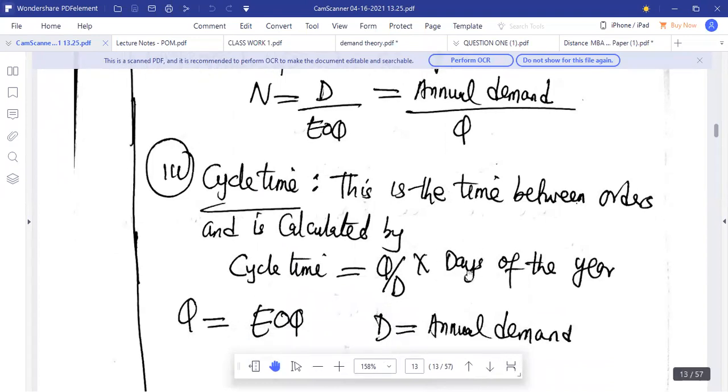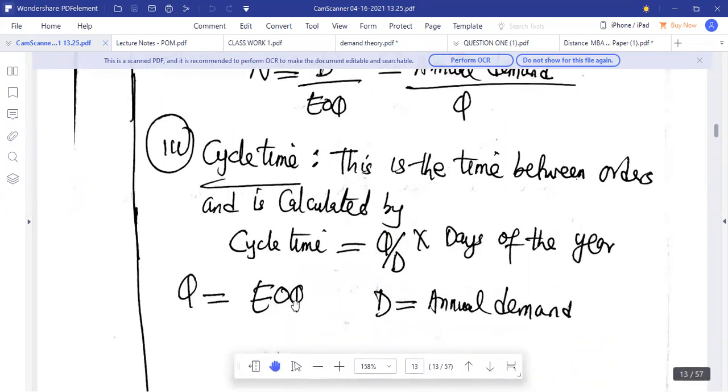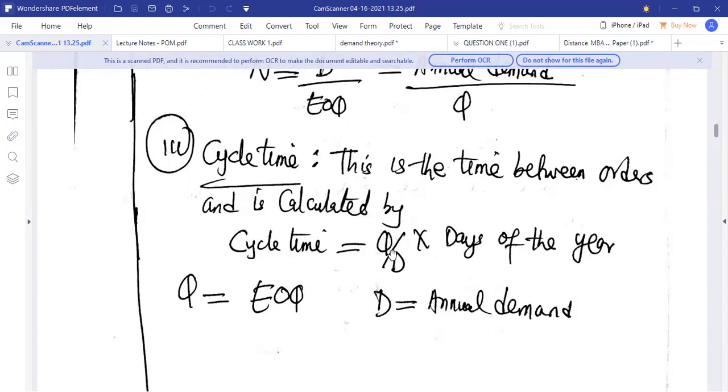Where Q is the EOQ, and D is annual demand, multiplied by the days of the year. Or if the company is operating in weeks, the cycle time is equal to Q over D multiplied by the weeks of the year, which is 52 weeks.